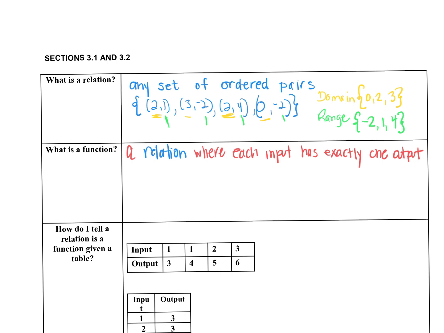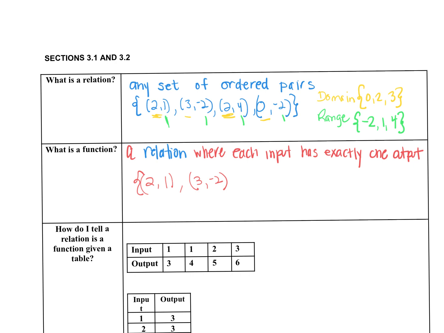If we were going to change one point from this relation to make a function, we could say we have (2, 1) and (3, -2).